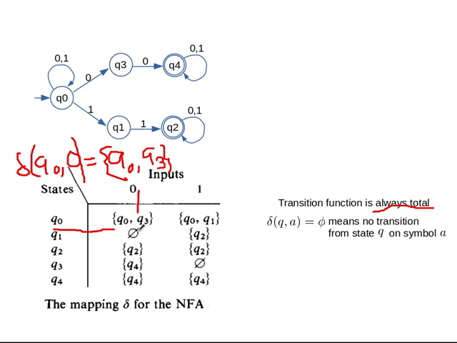So there is no next state, right? So this is not an undefined quantity. This is a well-defined set, right? This is a subset of Q. So we do not need to say that delta of Q, A is undefined, but it is empty. So this mitigates the requirement for this undefined transition. So here the transition function is always total.